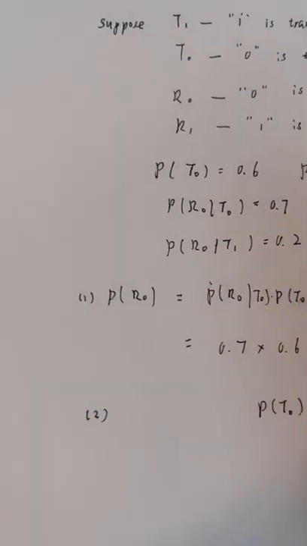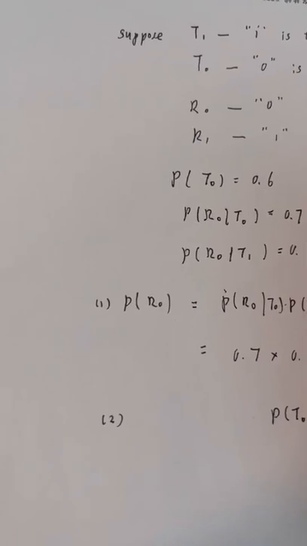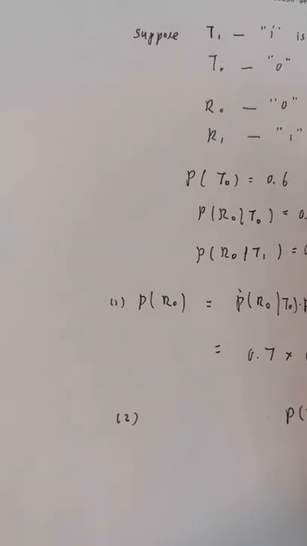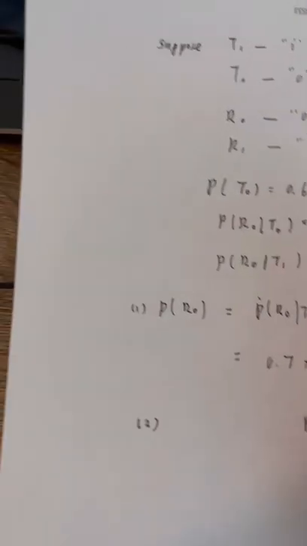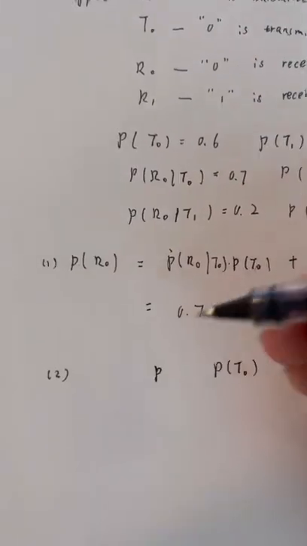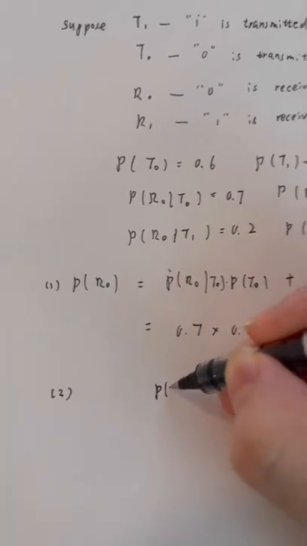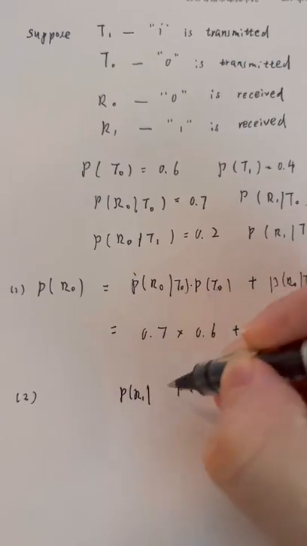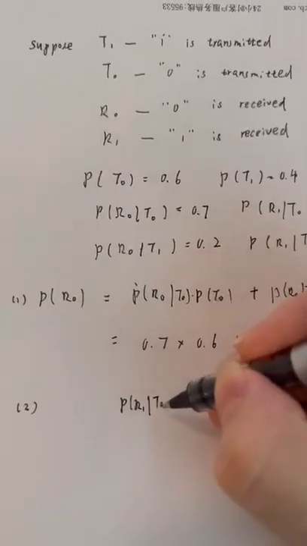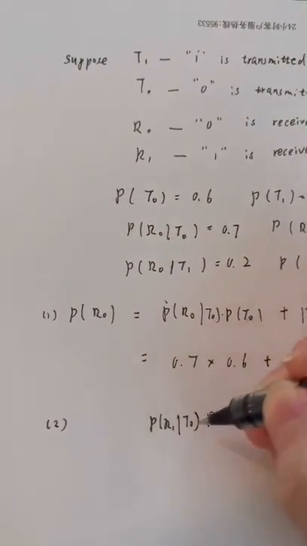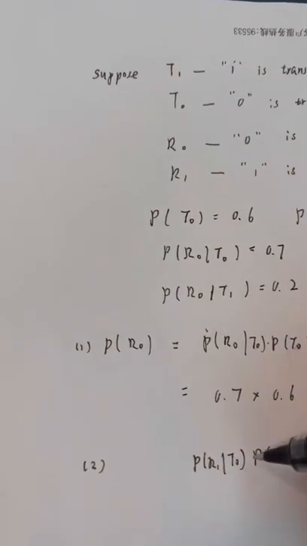it will be P(T0). If 0 was transmitted, then the error will happen when digital 1 is received. So we have to consider P(R1) under the circumstance T0, times P(T0).